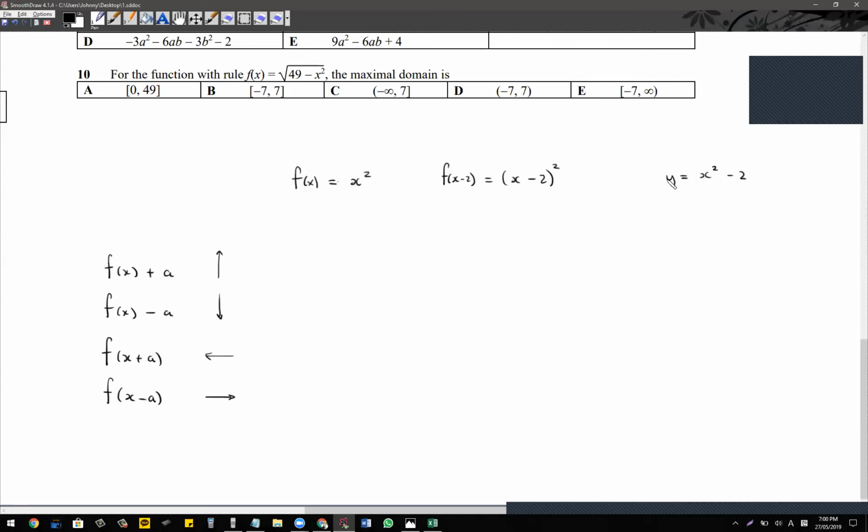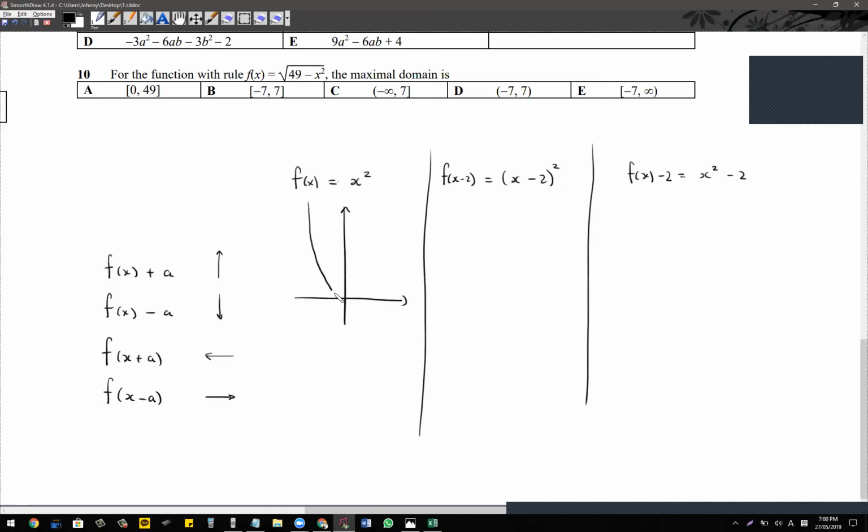Whereas this one is the whole function, so that's the function minus 2. So minus 2 on the outside, this is minus 2 on the inside. So, of course, the graph of this one is this, right? That's the original shape of the parabola.